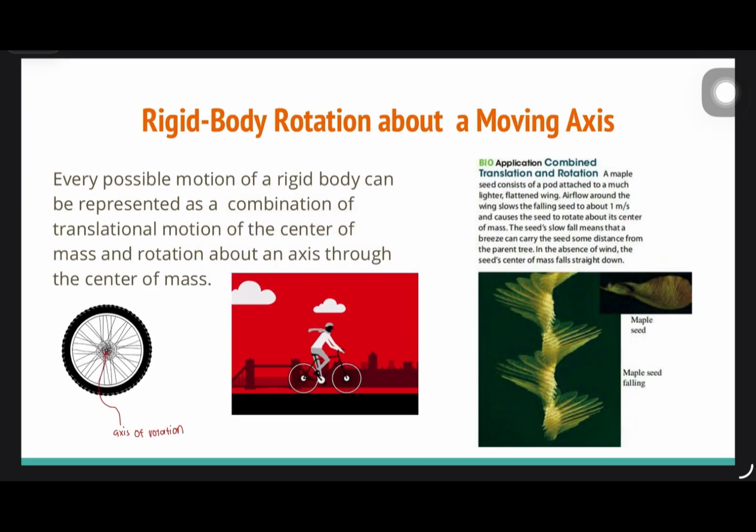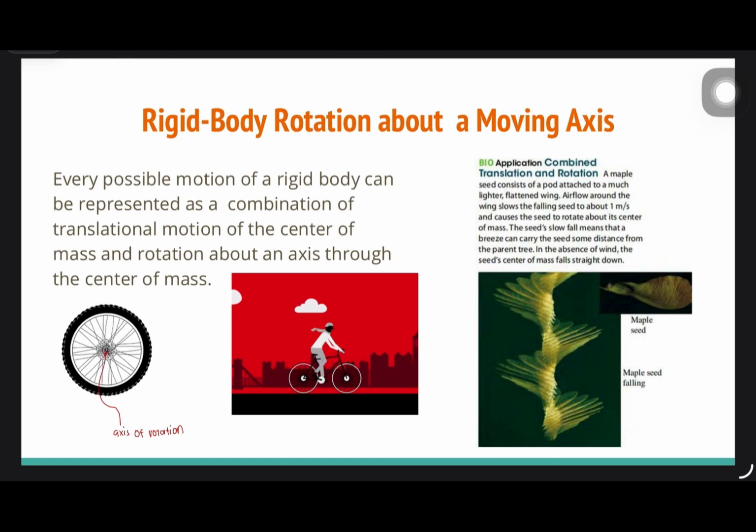Okay. So what happens? The wheel rotates at its center, and at the same time the center moves forward. So dalawang motion po ang nangyayari.